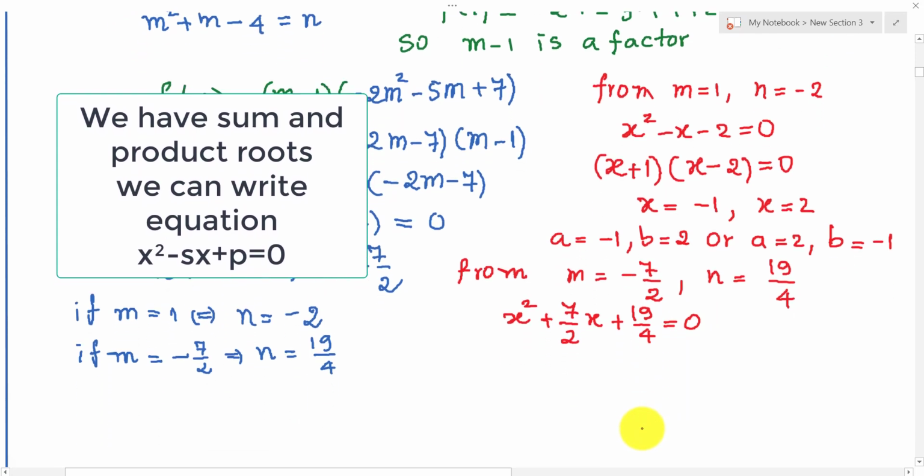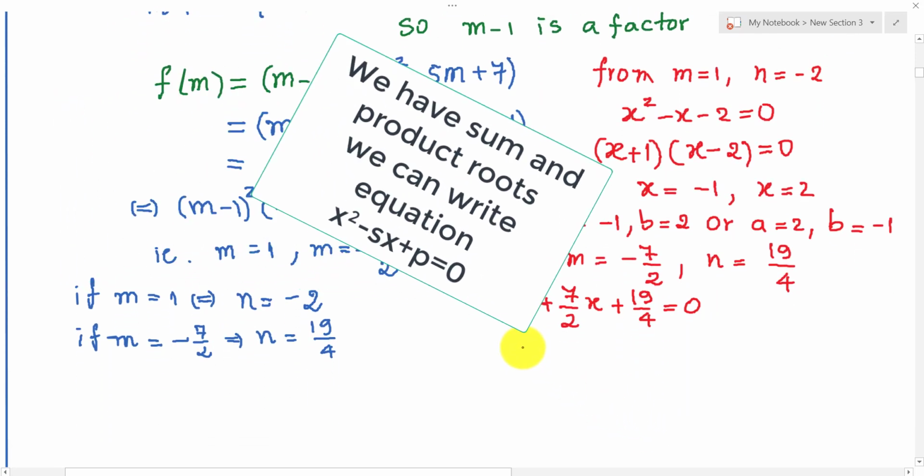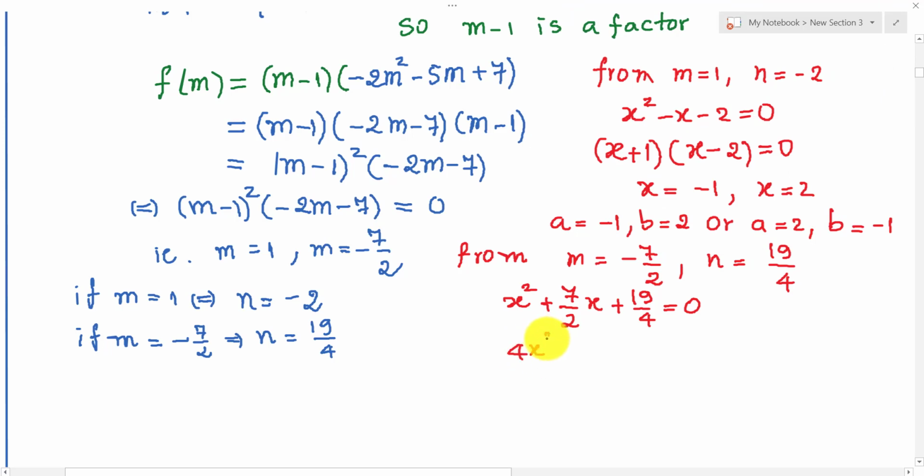And I can write it 4h squared plus 14h and plus 19 equals 0.